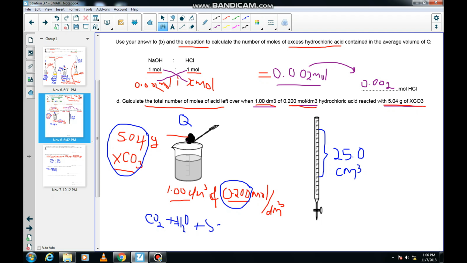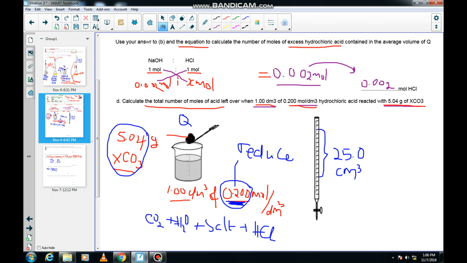Since the acid is in excess, some of the acid will remain unreacted. So the number of moles here will reduce as the acid reacts with the carbonate. So at the end of the day, we are going to have a certain number of moles of the acid.